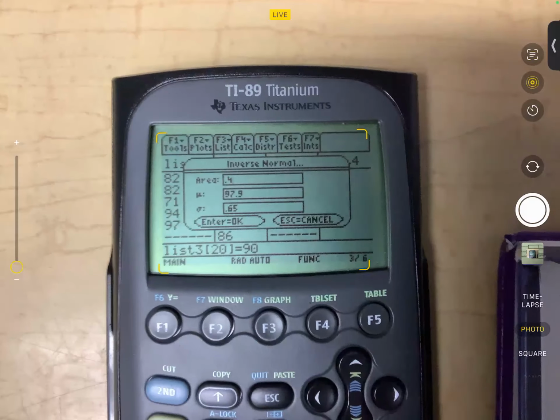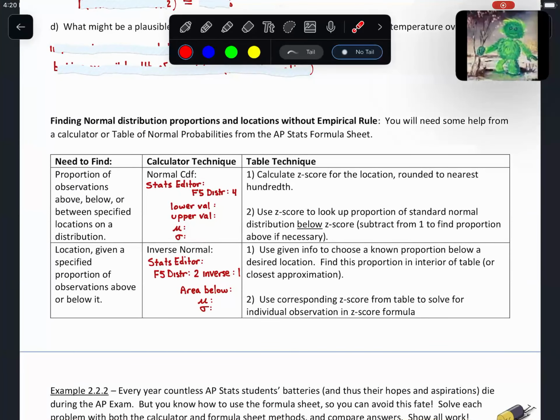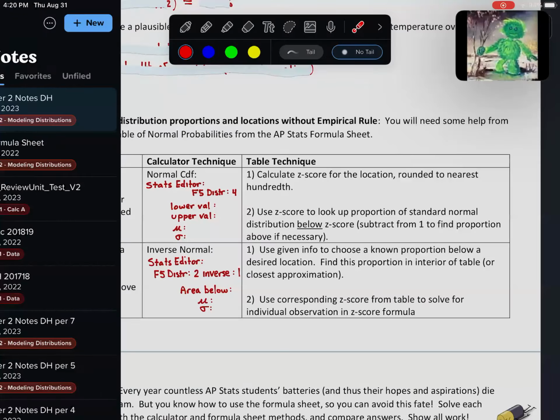But what if your calculator breaks down? I'm going to show you how to use the table backwards. Use the given info to choose a known proportion below a desired location. We're going to find that proportion in the interior. We're going to start on the inside of the table and work our way out to find a z-score. Okay. Flip over here.